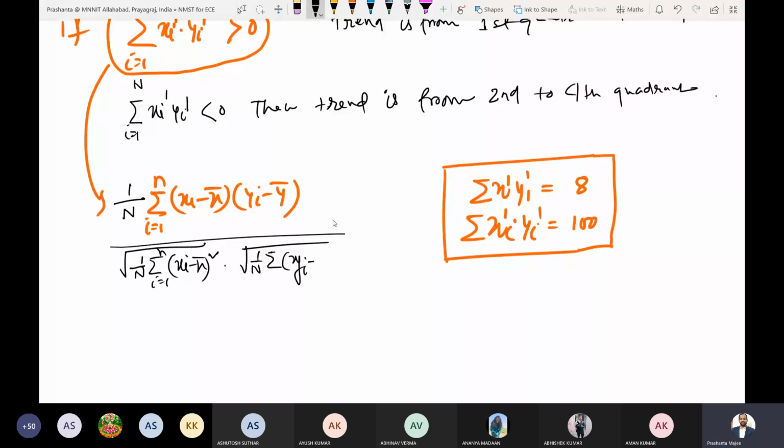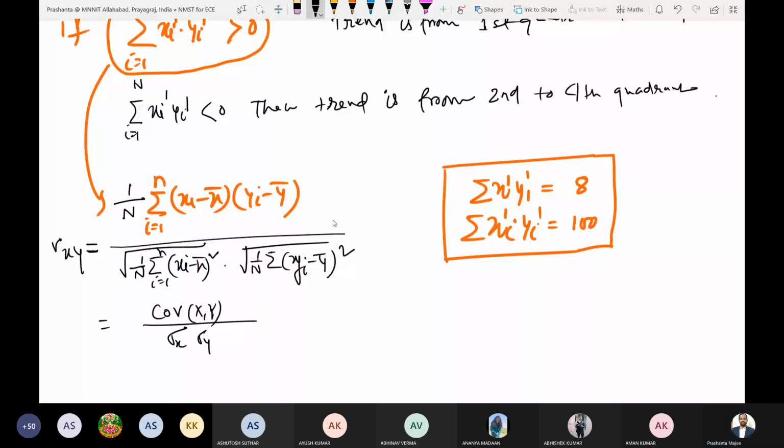This is known as the correlation coefficient of the data points. It is cov(x,y), covariance of x and y in short, divided by sigma x into sigma y, the standard deviation of x data into the standard deviation of y data. Is it okay? That is how we get this value rxy, which tells you how the x and y values are related to each other.